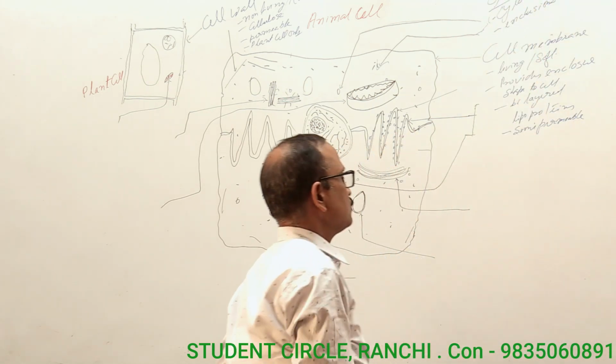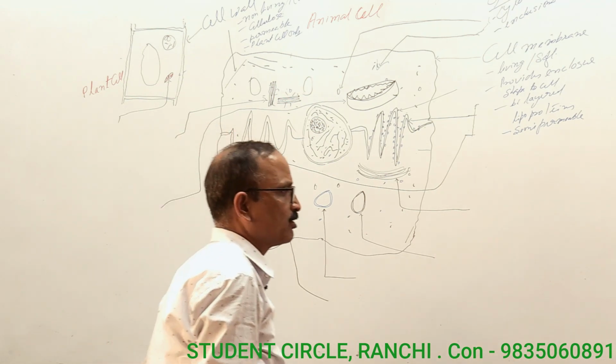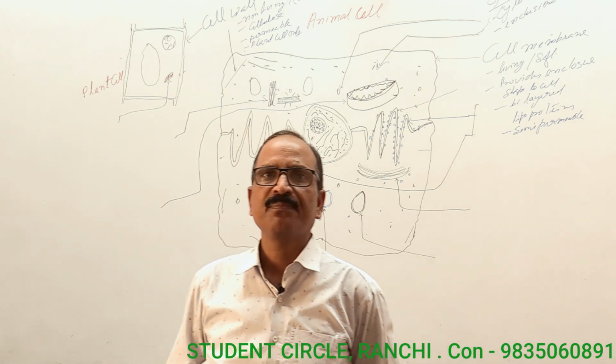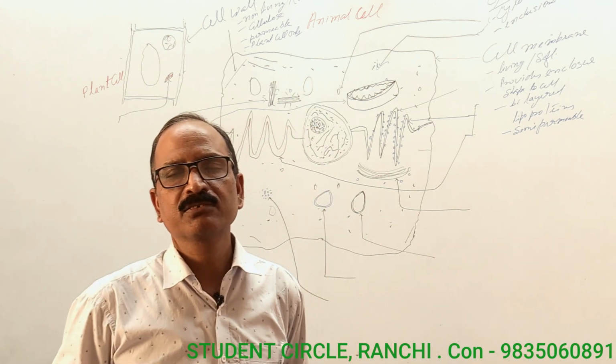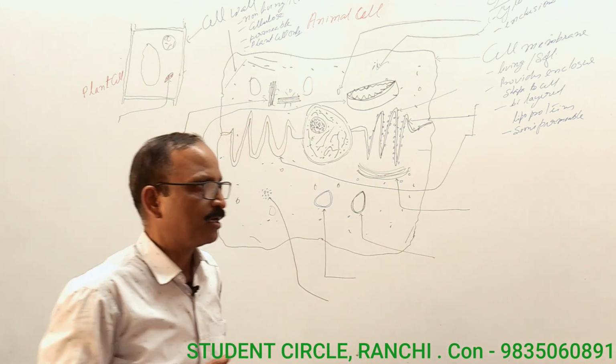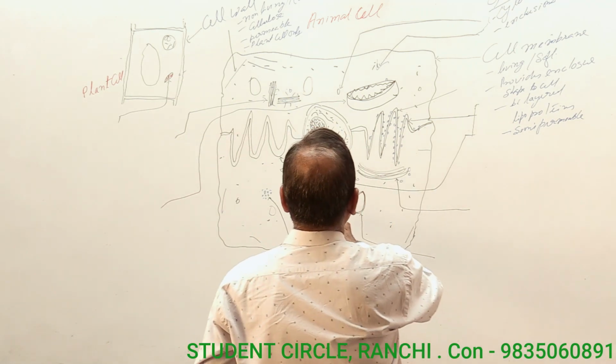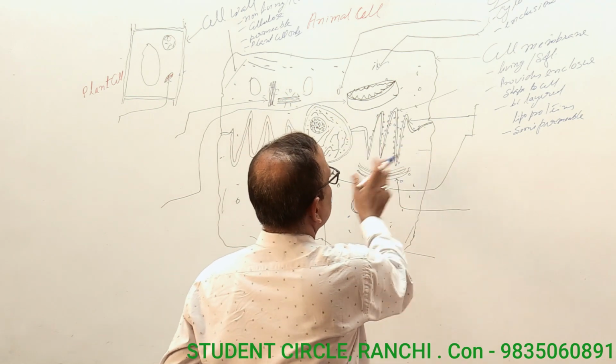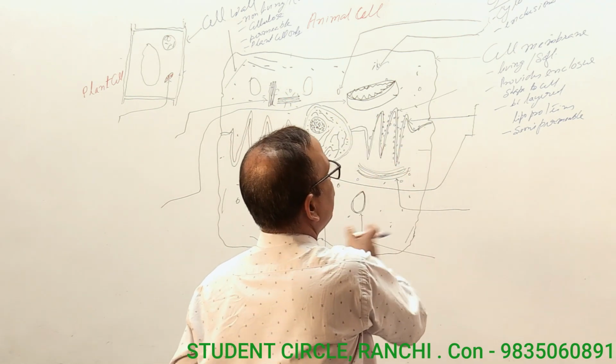Cytoplasm is a very thick substance that contains proteins, lipids, nutrients, various starch and various small organs called organelles, everything inside the cell membrane.